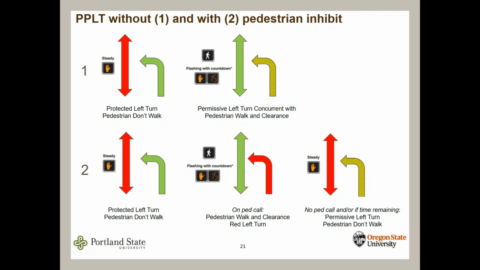Many of these intersections are wide enough, and the timing is such that the vehicles still do get their permissive interval. But with this pedestrian inhibit feature, the pedestrians are guaranteed to not have a conflicting left-turning vehicle when they have the walk.